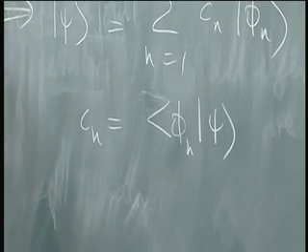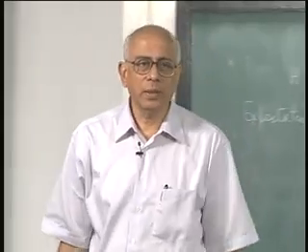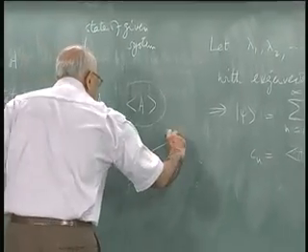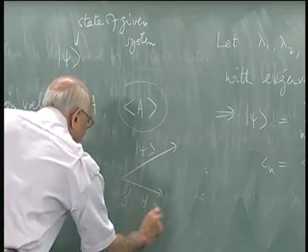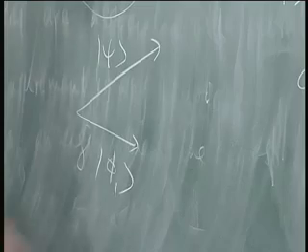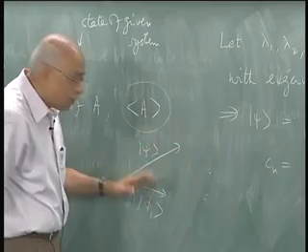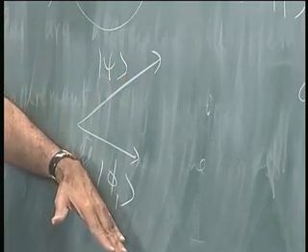What is the interpretation of the Cn? That is the question, key question. It is just a coefficient in the expansion of a vector. So it sort of tells you how much of the vector psi is pointing along the vector phi n. That is all it is, right? I mean, symbolically if this is psi and this is for example phi 1, then this quantity here is nothing but the projection of the psi into this direction here.